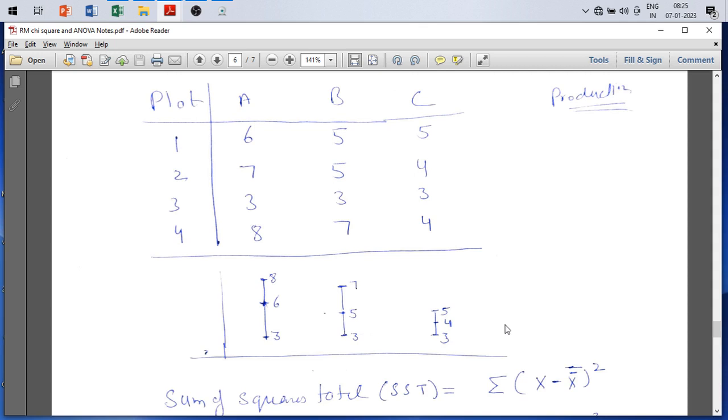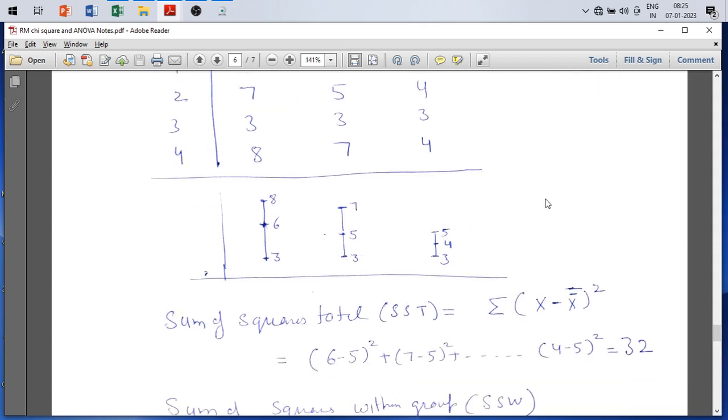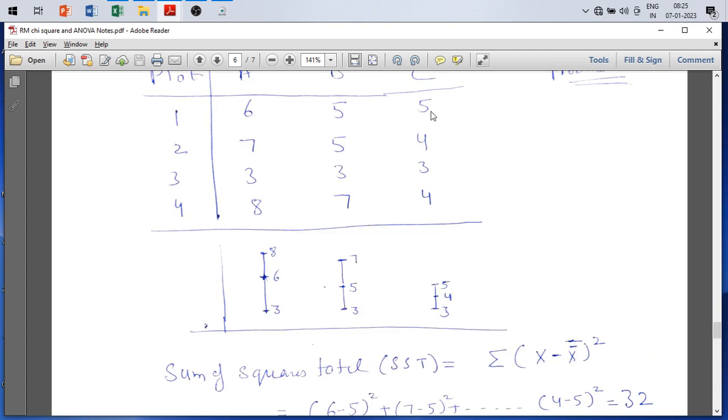So in ANOVA, what is done is the following. One is we can calculate the sum of squares total, abbreviated as SST. What is done is calculate the mean of all of this data.